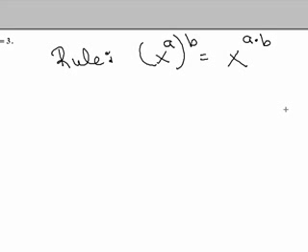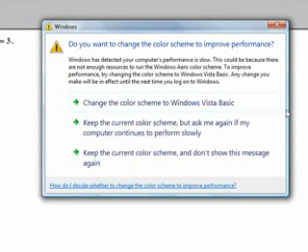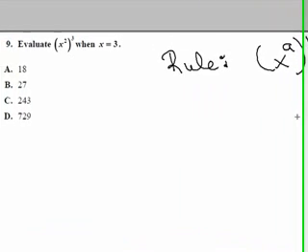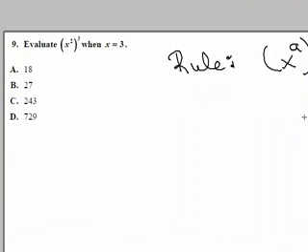Now guys, make sure you don't multiply the exponent by the base. A power says to keep the base and multiply it by itself the exponent number of times.